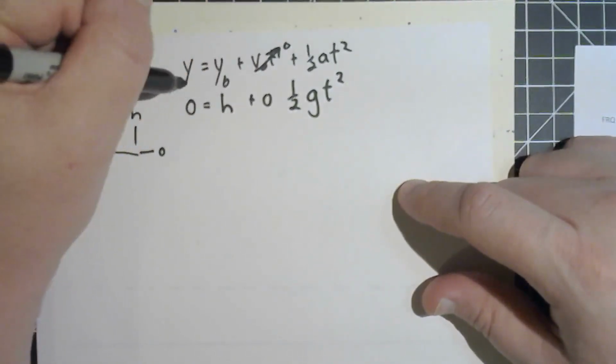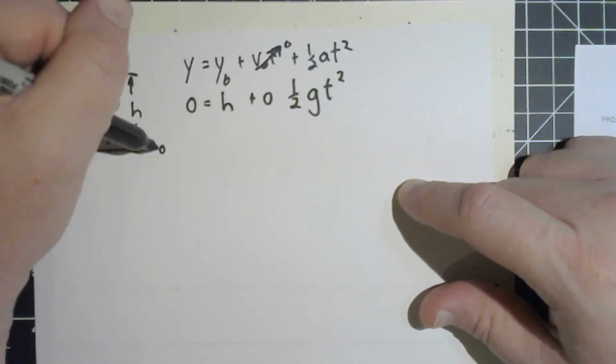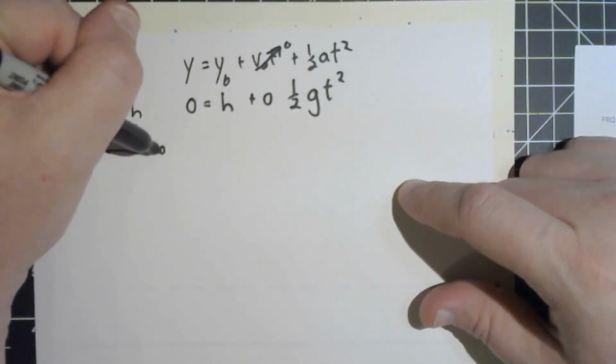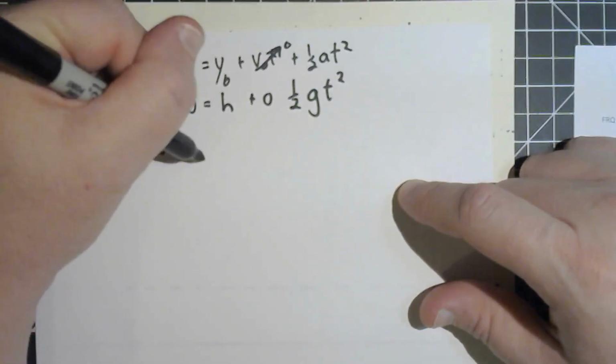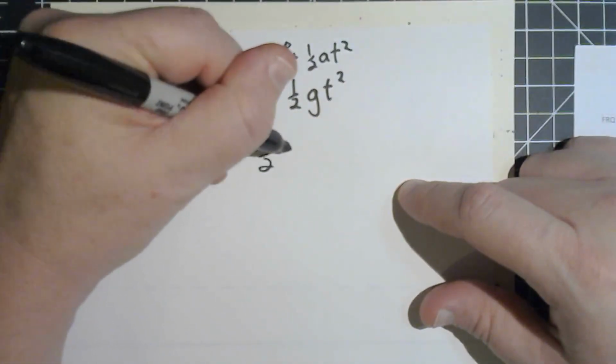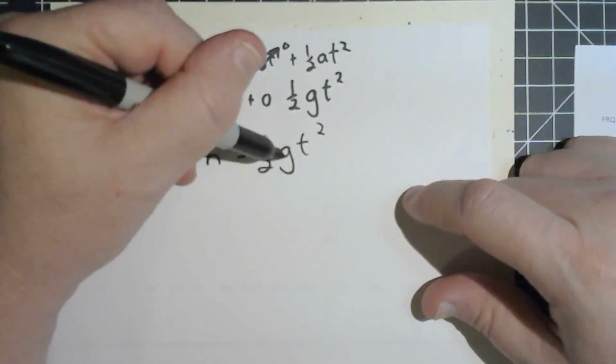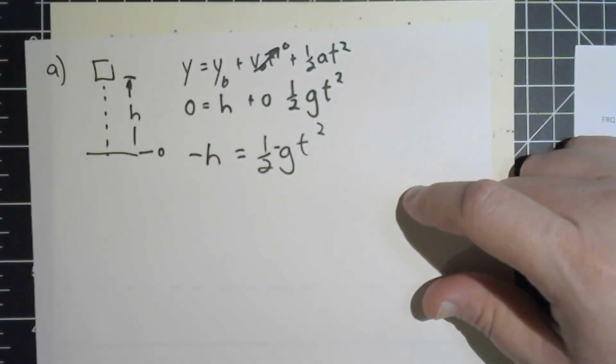Now, we've done something kind of weird here. We're assuming that this final position is 0, and its initial position is h. And you're going to get some kind of weird structure of this algebra where you have a negative sign. But that's okay, because if you remember, g is also technically negative.